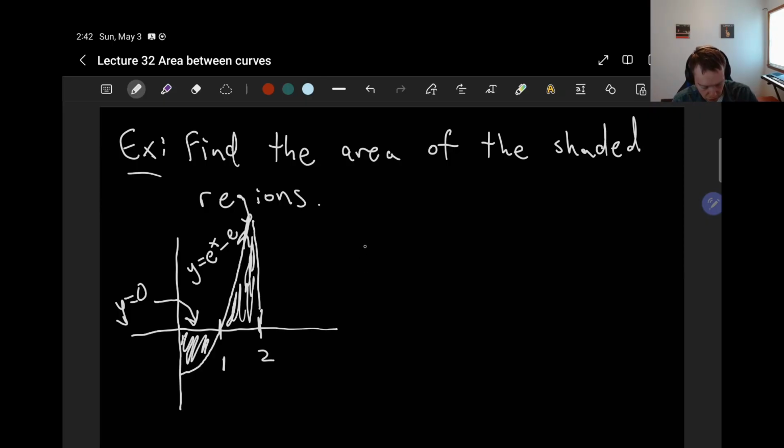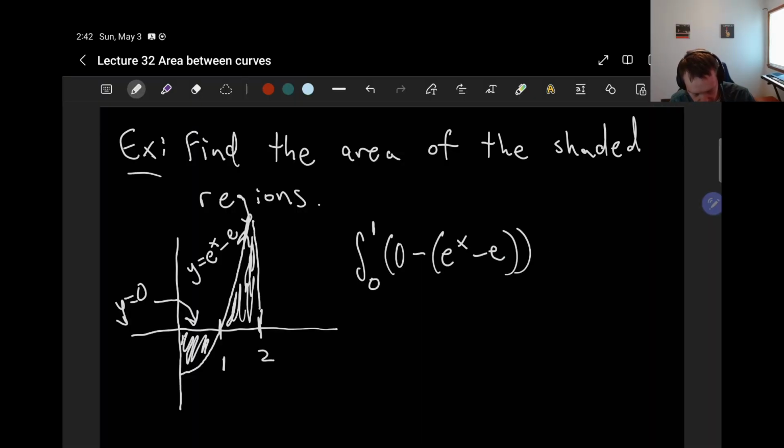So we're going to need 2 separate integrals here, because notice they switch roles after 1. So between x equals 0 and x equals 1, 0 is on top, y equals 0, minus the lower curve, e to the x minus e. That just gives me this lower area.